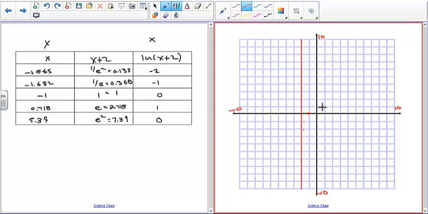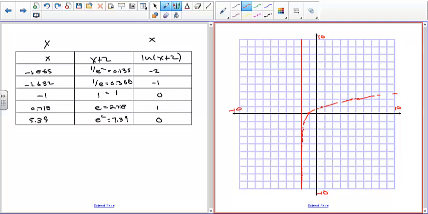Go +1. And 5.39. So 1, 2, 3, 4, 5. And those are my points. And so this is going to approach this asymptote. Comes up here, goes through these 2 points, through y equals 0, through there, and then like that.